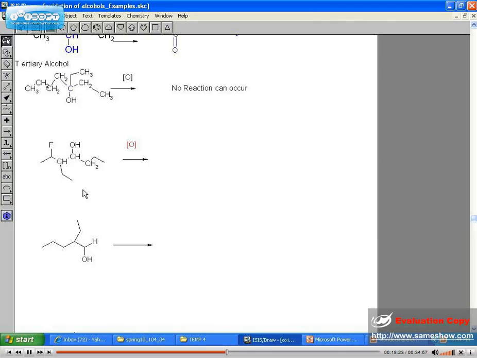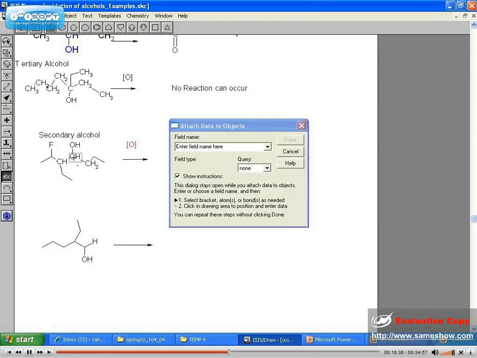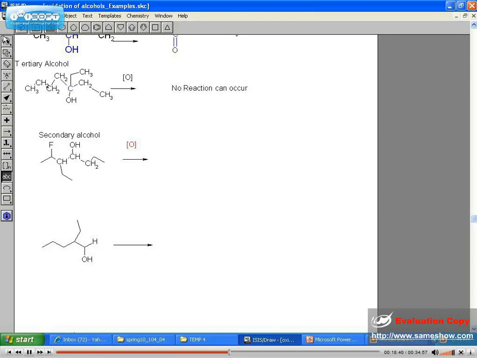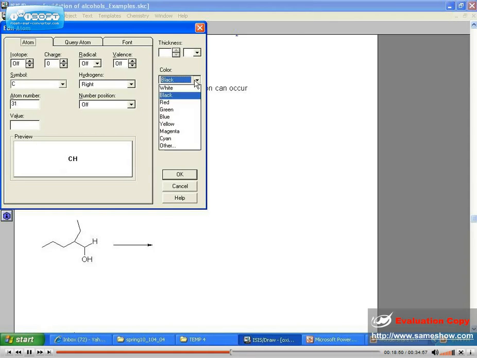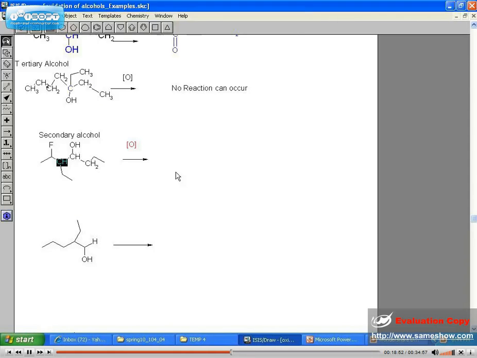So in this case, this right here would be classified as a secondary alcohol. And that's because the alcohol bonded carbon is connected to only two other carbons. So it's a secondary alcohol. And I'll highlight those in red.